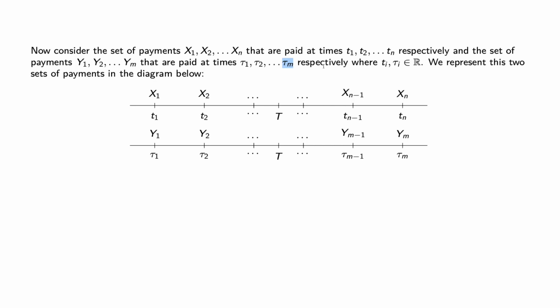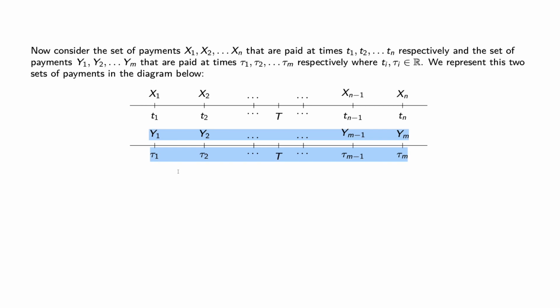Very similar situation. And again, we're going to say ti and tau i are both elements in R. They can be negative, they can be positive. And we can represent this set of payments here. Again, it looks like a very similar diagram to the one on the previous page. We've got our x values. We've also got our y payments.